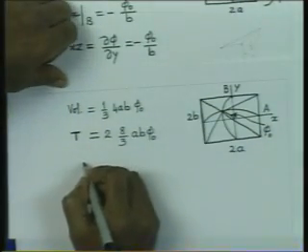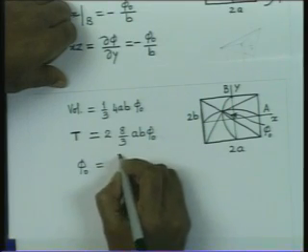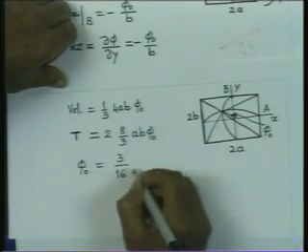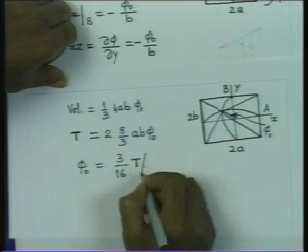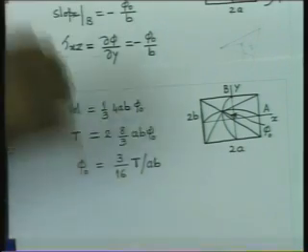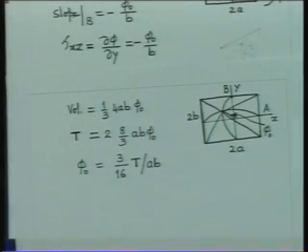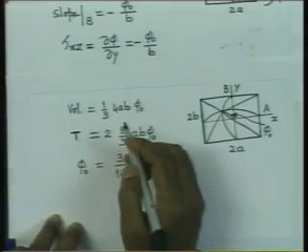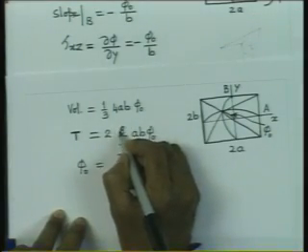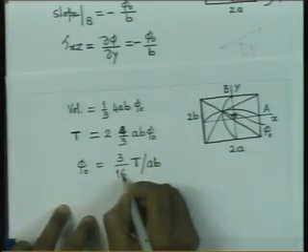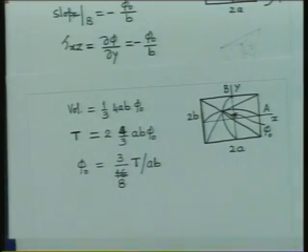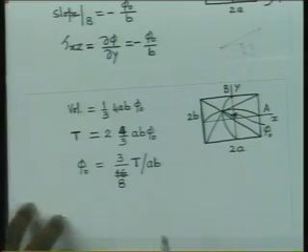So, we have phi 0 is equal to 3 by 16 T by AB. I am sorry, it is 4 by 3, so this will become 3 by 8 T by AB.